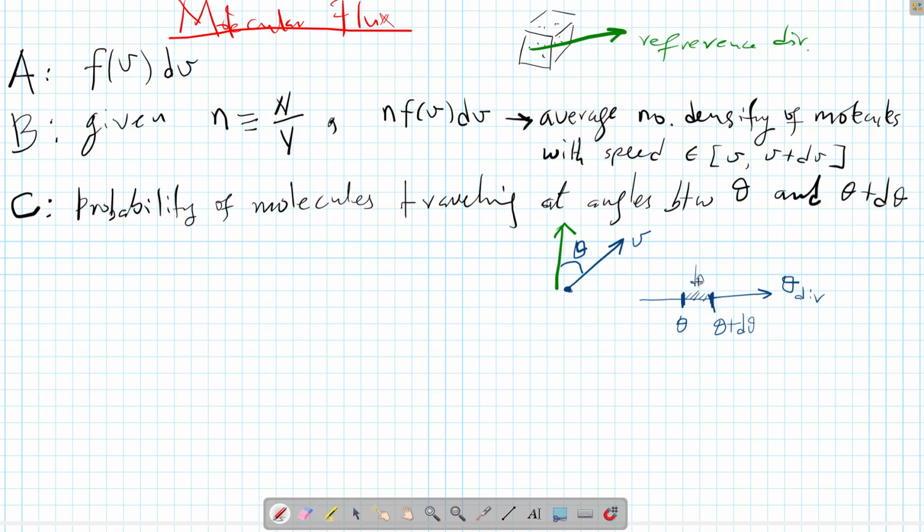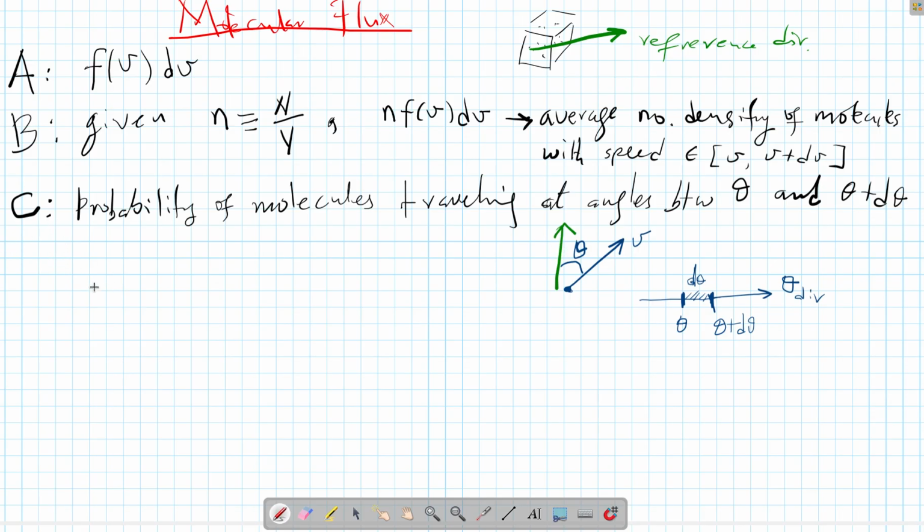So this is d theta, right? We would want to compute the probability of getting molecules traveling within this range of angle d theta. In order to do this, there are some points we need to consider. In 3D, it's actually going to be a solid angle. What I have written here is kind of one-dimensional.